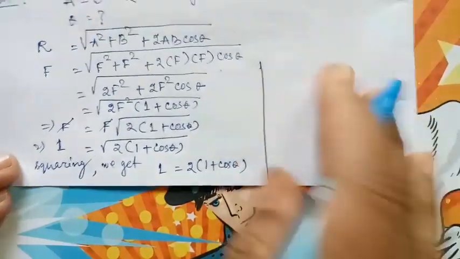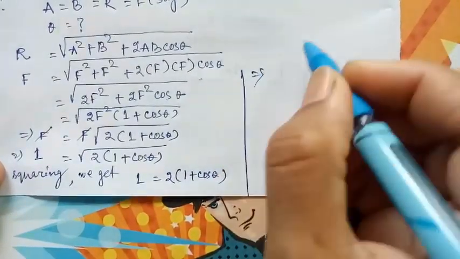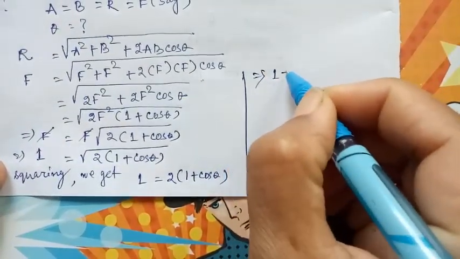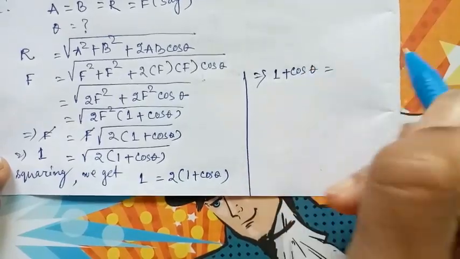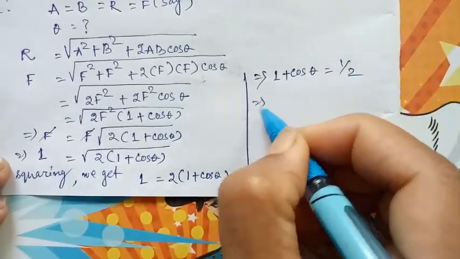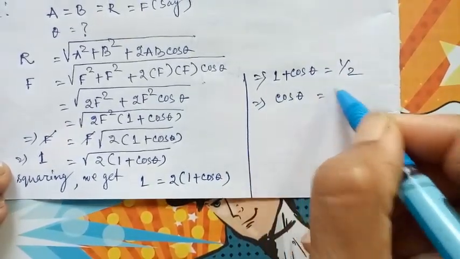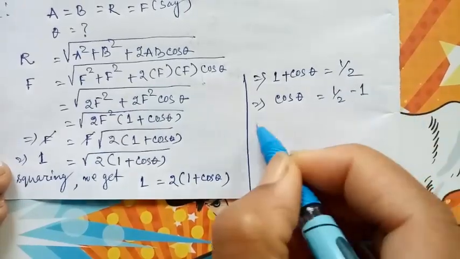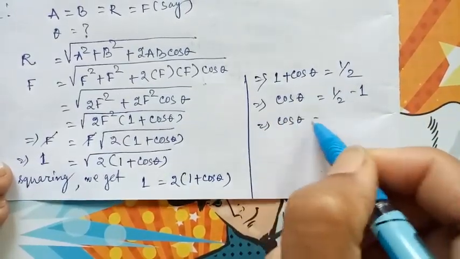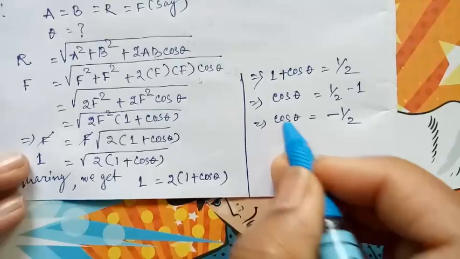That is, 1 plus cos theta is equal to 1 upon 2, or implies cos theta is how much? Minus 1, that is cos theta is equal to minus 1 upon 2.